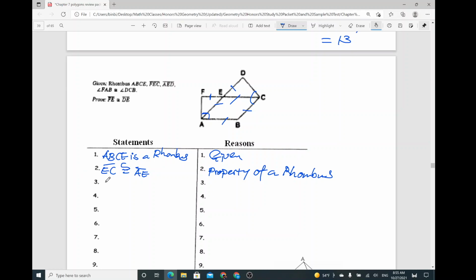Before we do that, another thing you want to state here is that angle EAB is congruent to angle ECB, also by the property of a rhombus. Opposite angles are always congruent.